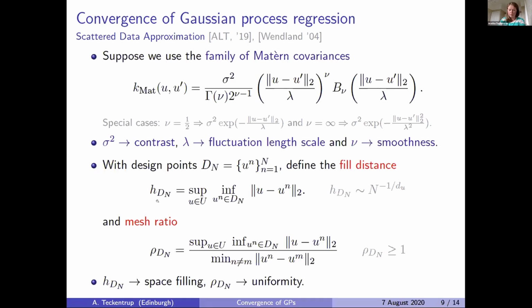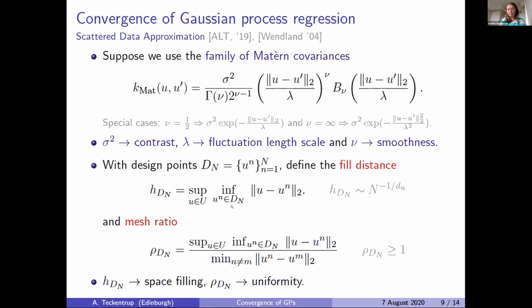So the first thing is the fill distance. The fill distance decays with n; in the optimal setting, the best rate, and for most point sets, it goes like n to the minus 1 over the dimension. The domain U here was a domain in Euclidean space of dimension d_u, so d_u is the dimension of my input u. And the fill distance is this thing here.